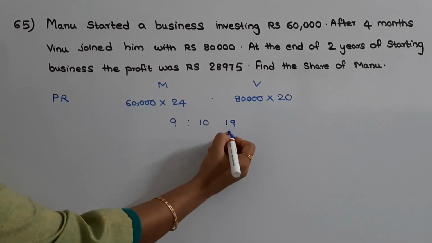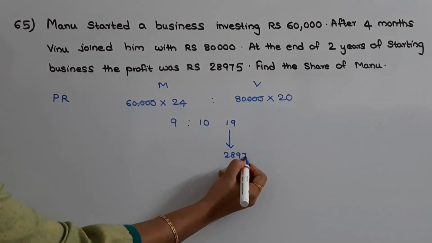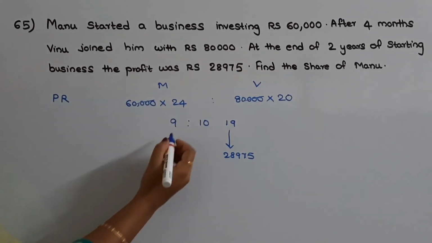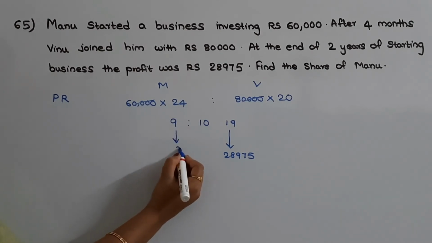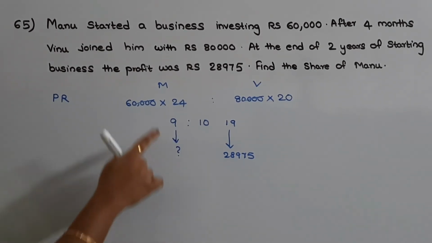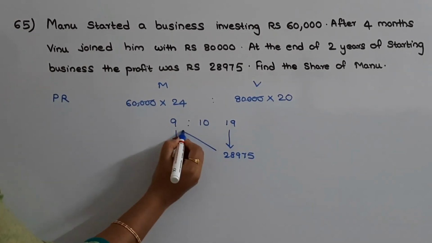So we can write this 19 as 28,975. We need to find out the share of Manu, so we need to find out the value of this 9. By finding this value we will get the share of Manu. This value can be found out by cross multiplying.